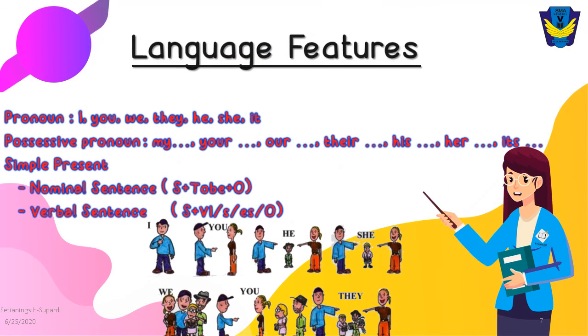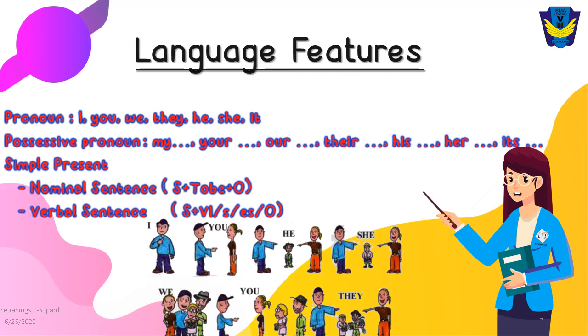From these expressions, we can find out other material that you have to understand. You have to understand about the pronoun, the possessive pronoun, and the simple present too, because in using these expressions, there is a language feature that you will find in one conversation.